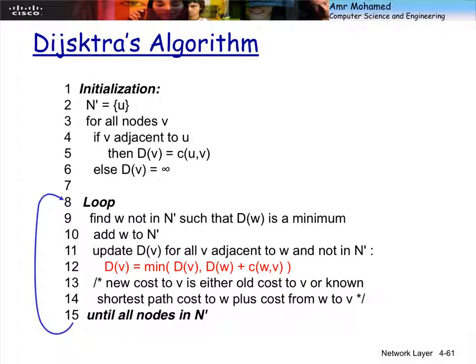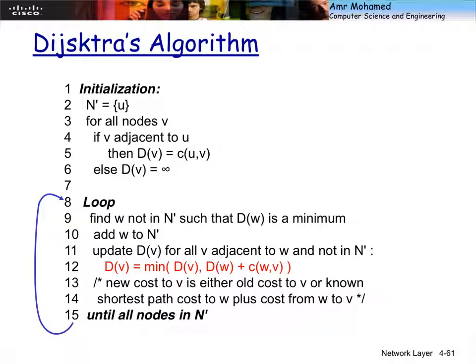And then if V is adjacent to U, then you can calculate D(V), the cost or the shortest. Pay attention to the fact that D(V) here represents the shortest path cost.